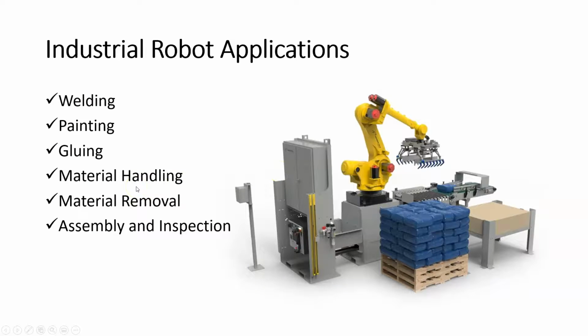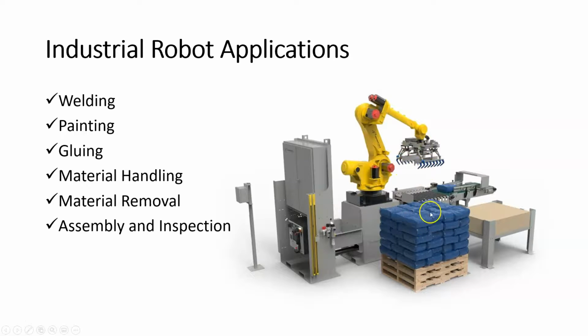So what are some applications of robots in an industrial environment? Well, lots of things, right? Welding, painting, gluing, applying glue, material handling. Like in this example, we're moving what looks like bags of soft goods. So we have an end effector here that has this kind of gripper.